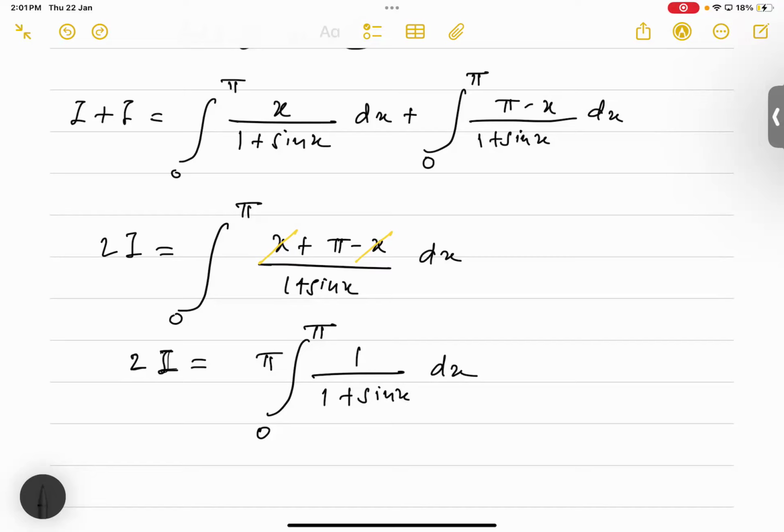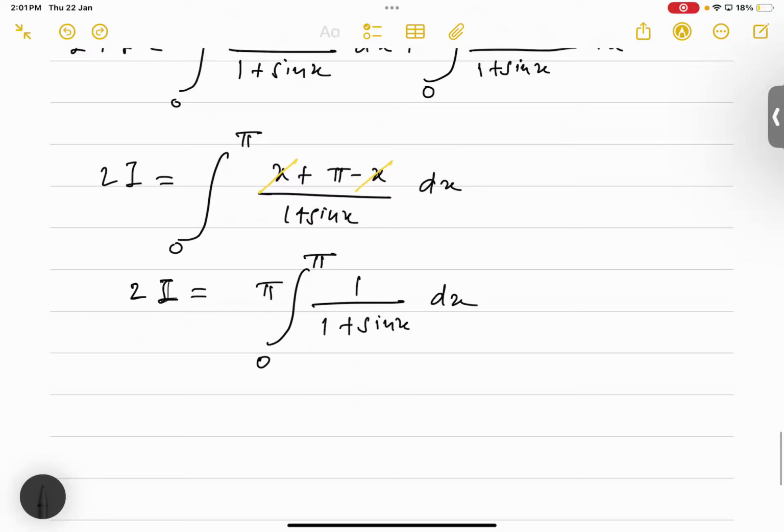Nice. Nice pauses. So I'll check. Done? Final answer is what? We are not getting pi by 2. So I'll just solve this. So I is equal to pi by 2. I'm just shifting that.